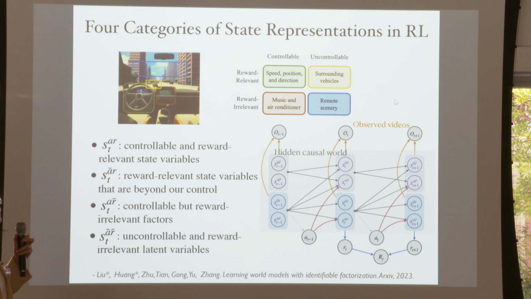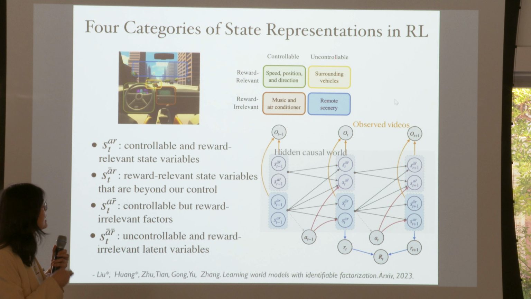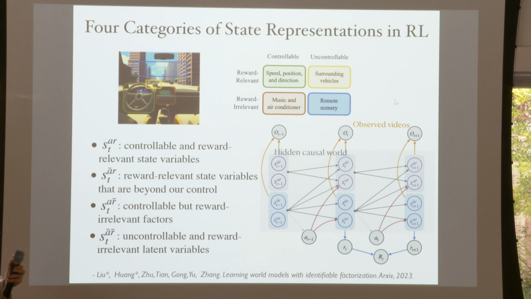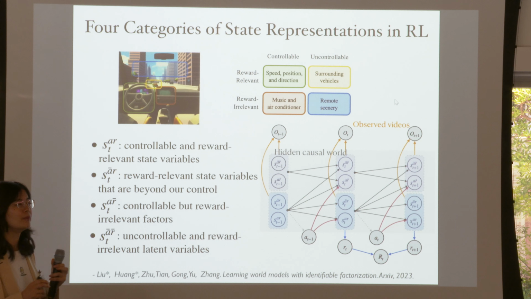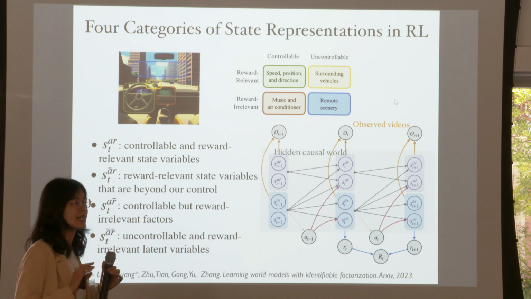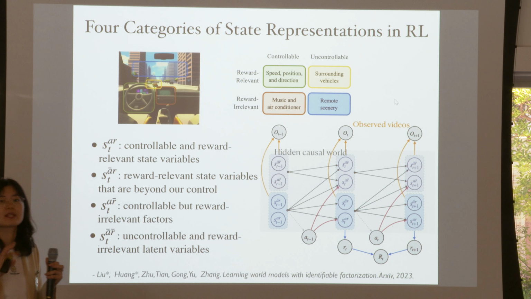So from these various sensor signals, the agent would like to extract which signals are reward relevant and controllable. If the agent wants to arrive at the destination as soon as possible as a reward.